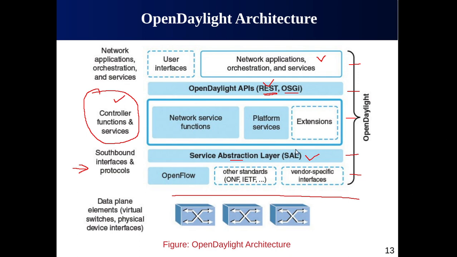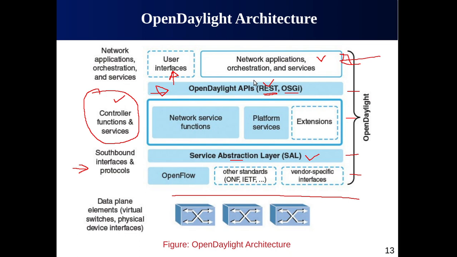This OpenDayLight encompasses both. If you pay attention, it is composed of both the control and application plane functionalities. Here we have the application plane functionalities. You see here we have the northern APIs, and above that API we have the applications. So this OpenDayLight architecture contains both the control plane and the application plane functionalities.